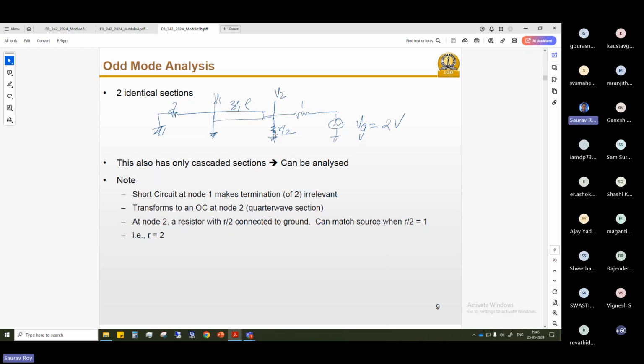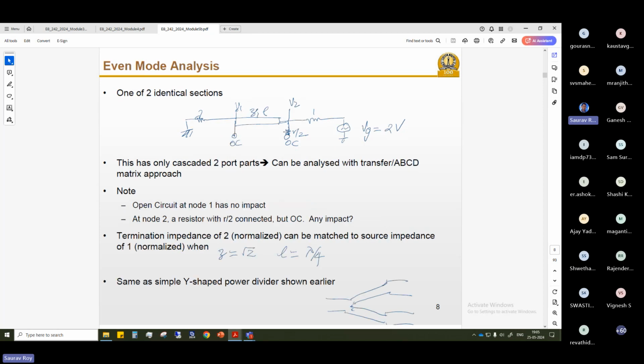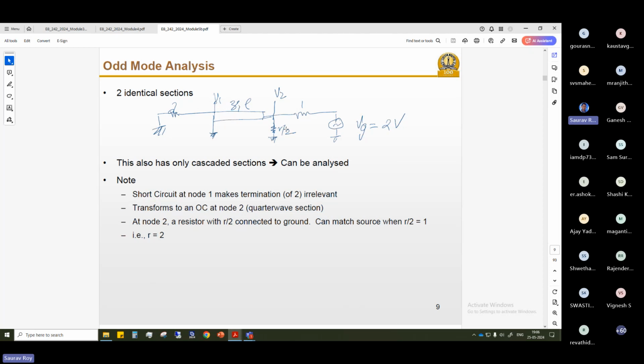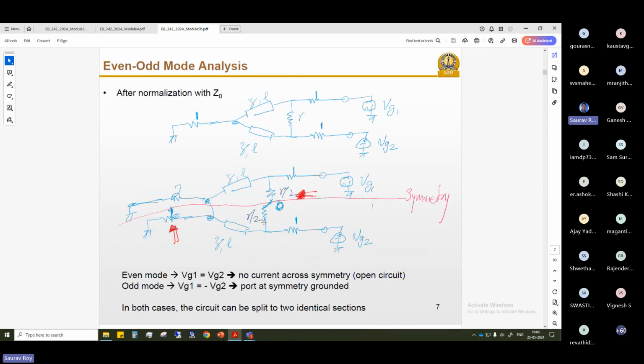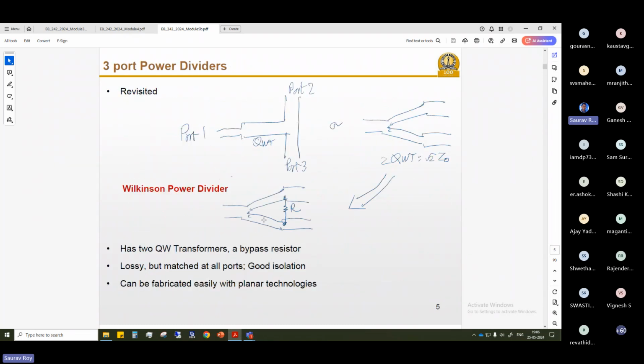So that is how from even mode and odd mode analysis, we get the Wilkinson power divider. The first one is what should be the length and the characteristic impedance, which is root 2 Z naught, and the resistance value is 2 Z naught. So these are the two basic characteristics of the Wilkinson power divider. One is the matching section you add in between port 2 and 3 and port 1.